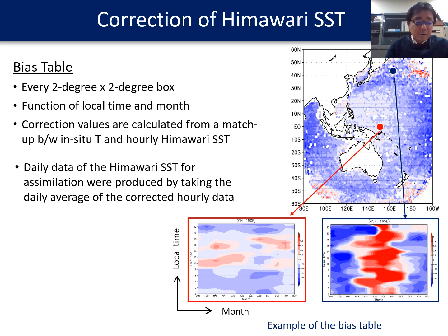In this study, to correct the Himawari SST, we created a bias table every 2-degree box as a function of local time and wind speed by taking a matchup between Himawari SST hourly data and in-situ temperature observations. We then created daily Himawari SST by taking the daily average of the corrected hourly data, and the created daily Himawari SST are used for the data assimilation.